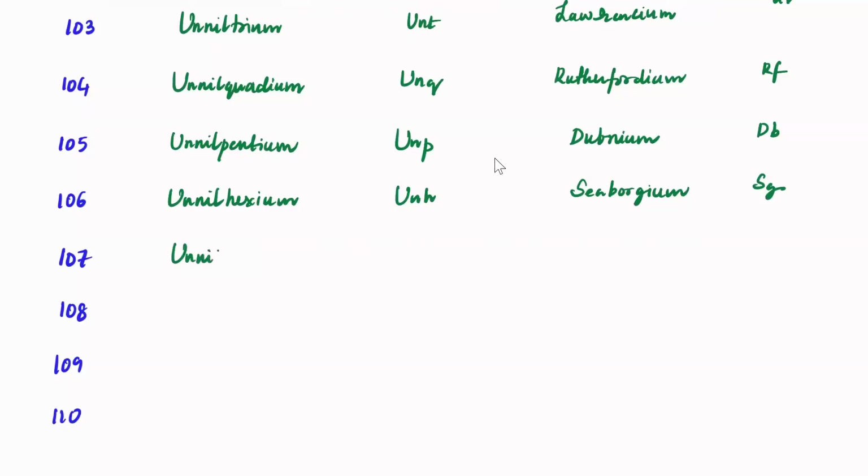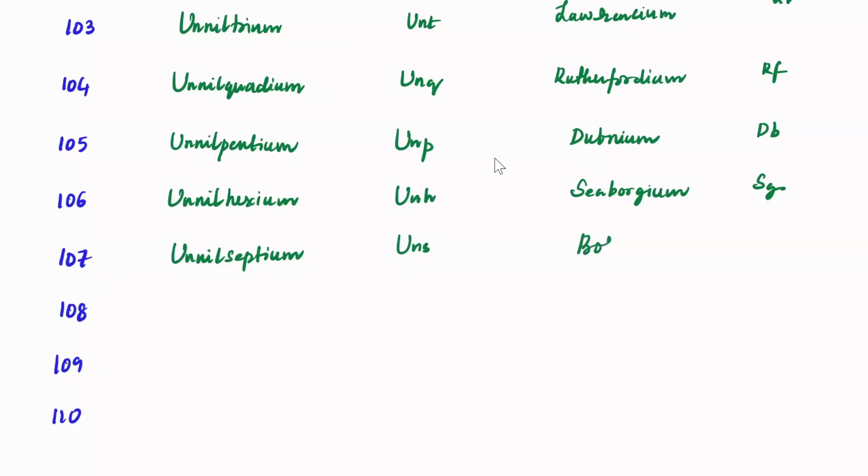107 is un nil... sorry, this is 7, right? My mistake. Unnilseptium, UNS.